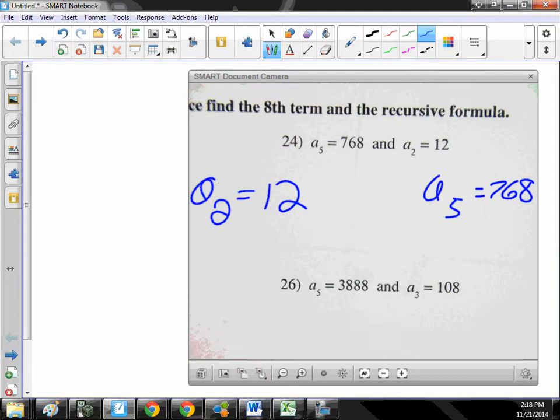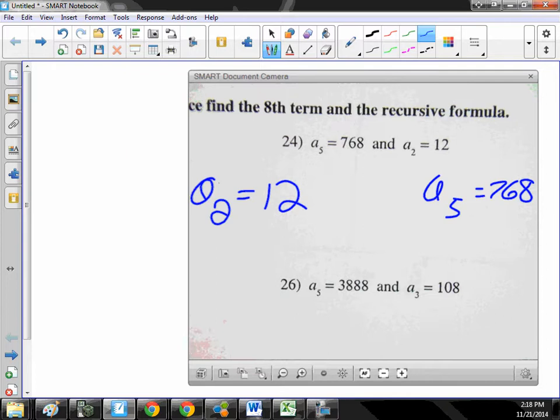So my a sub n values are going up. How do you make a sub n values go up using R? Well, my R has to be bigger than 1. If my R was 1, what would happen to my a sub n values? No, it would remain unchanged. It would stay itself all the time.